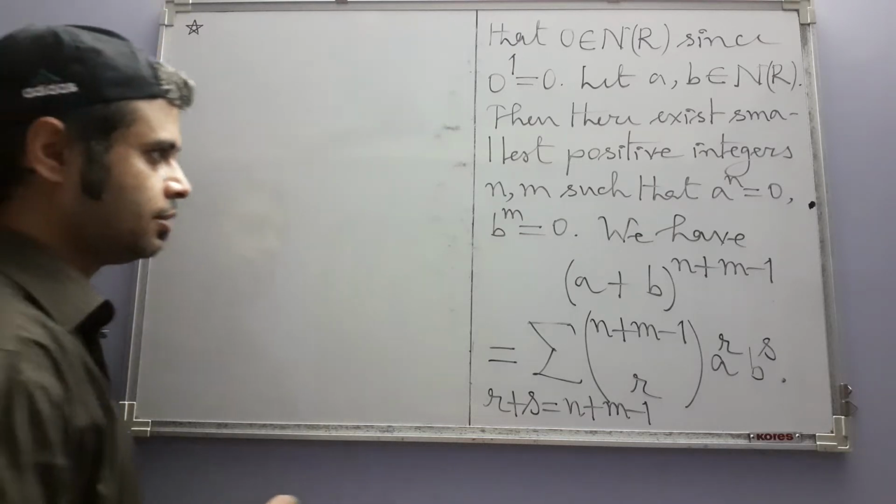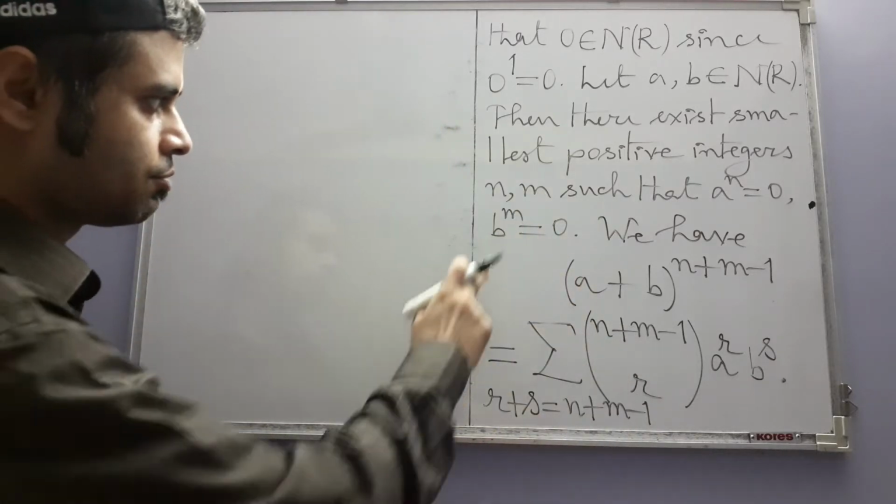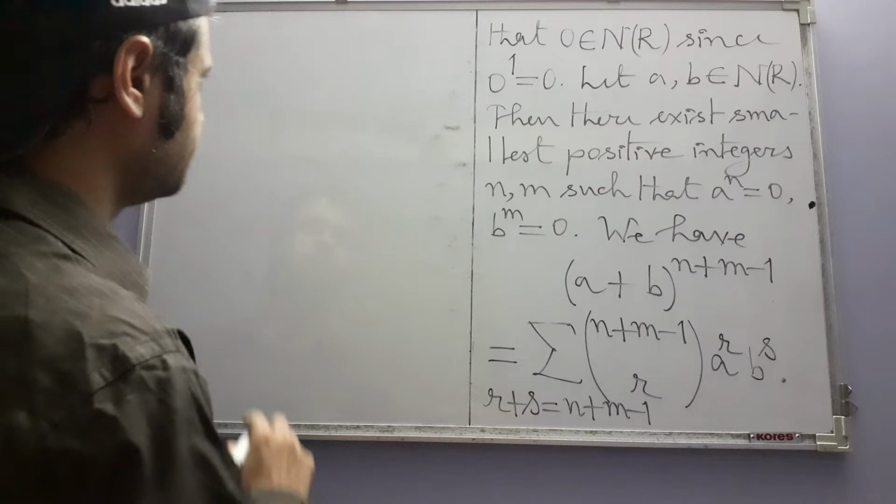Now we can use the fact that these exponents n and m are the smallest such for which these powers are 0.